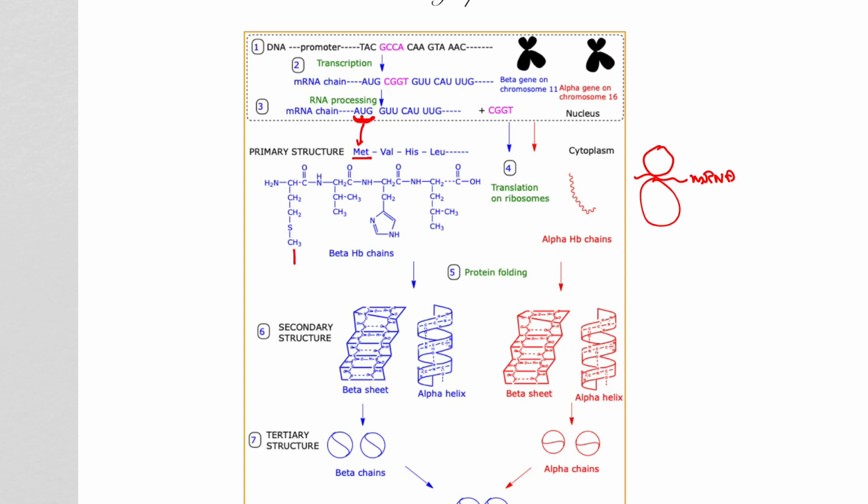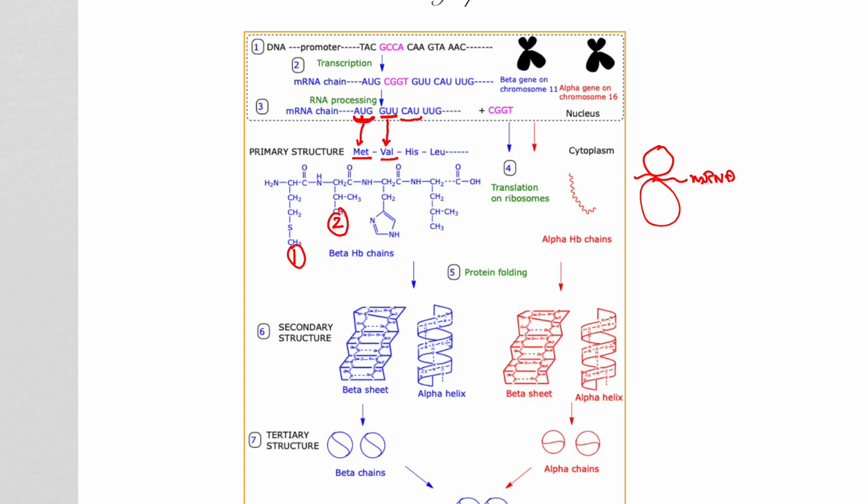So your first amino acid here would be methionine. GUU is the codon on your mRNA. According to the genetic code, it specifies valine. So this amino acid number 2 is valine.